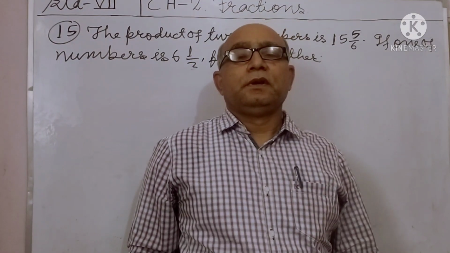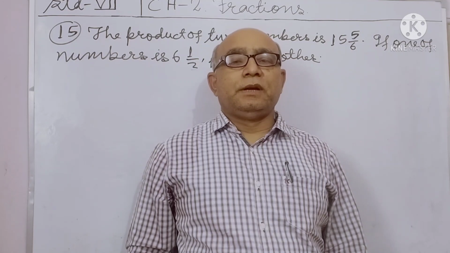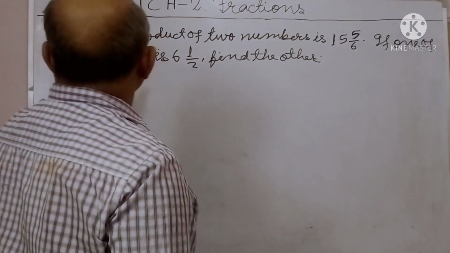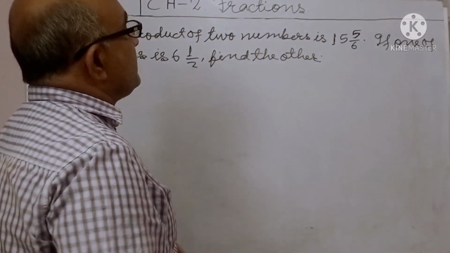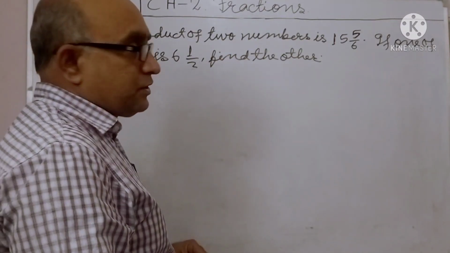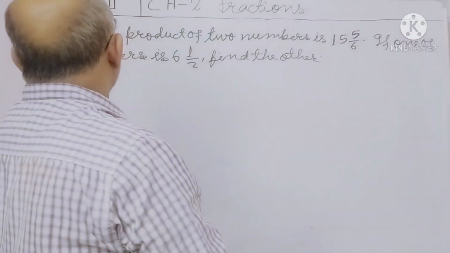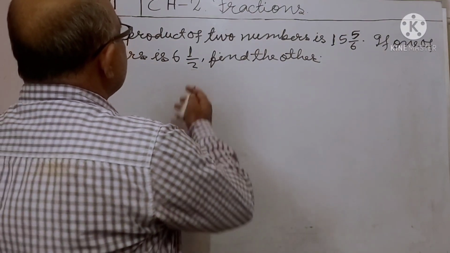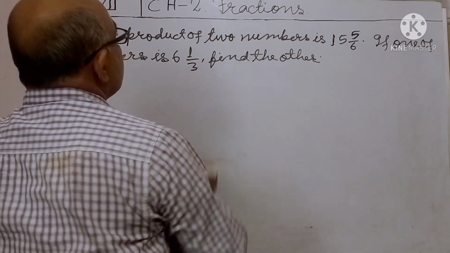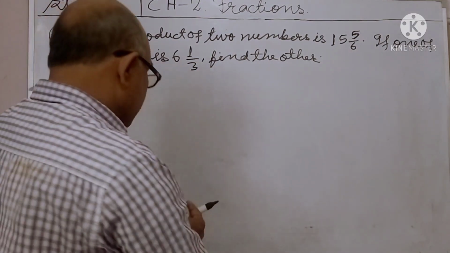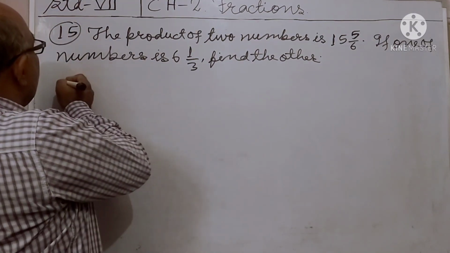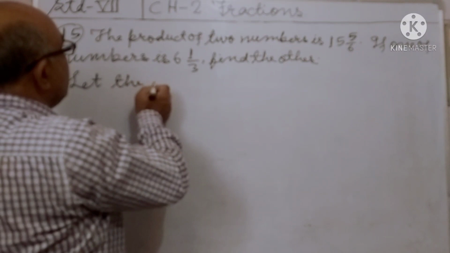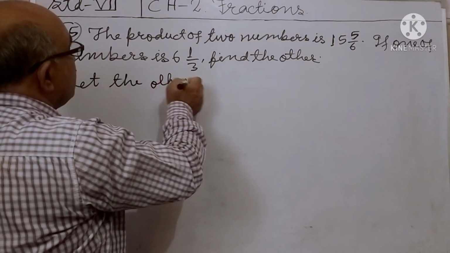Students, next question is question number 15 of exercise 2C. In this question, the product of two numbers is 15 whole 5 by 6. If one of the numbers is 6 whole 1 by 3, find the other. So let the other number be x.